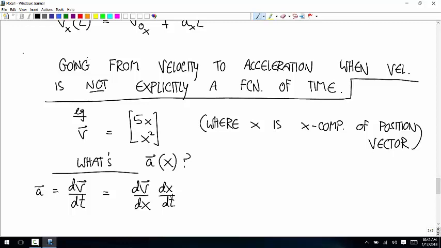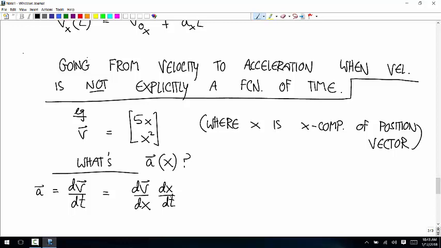There's no way we could get the other thing, but if we know something about the path that the object's on, a lot of times it's useful just to be able to figure out the acceleration at whatever location you're at.